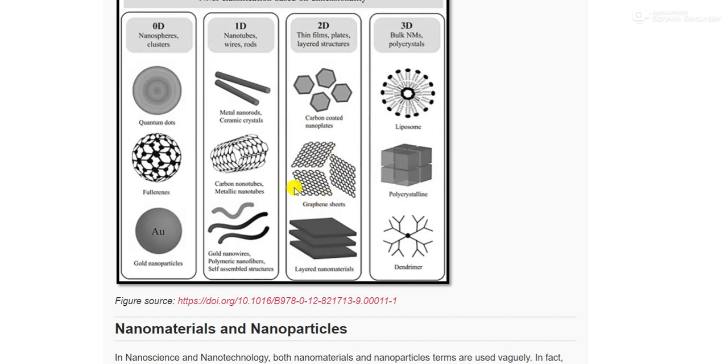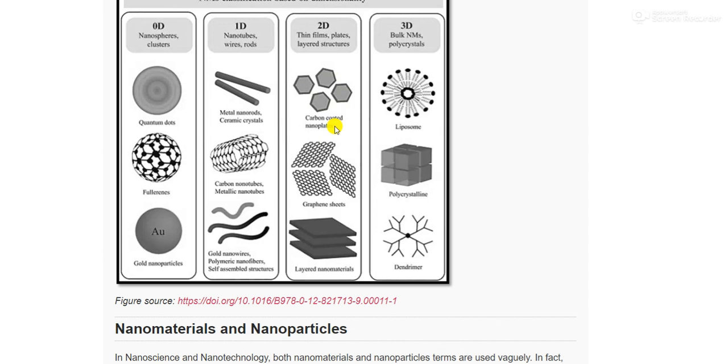This allotropic form of carbon can be changed into a sheet-like structure like this, and it can also be converted into layered nanomaterials. Then you have carbon coated nanoplates.